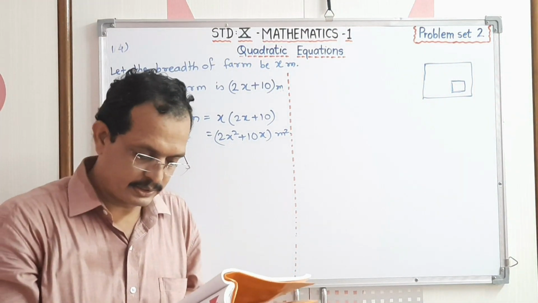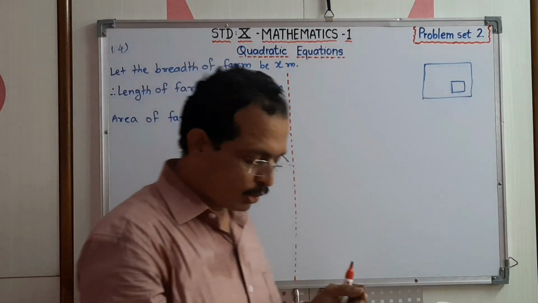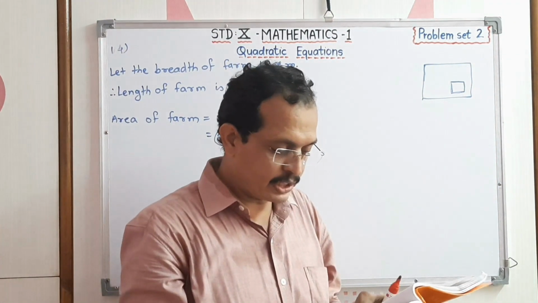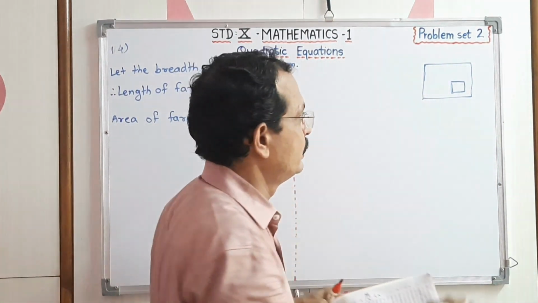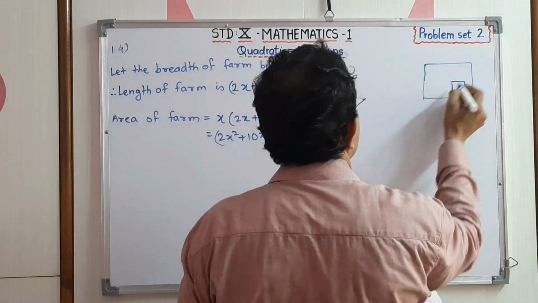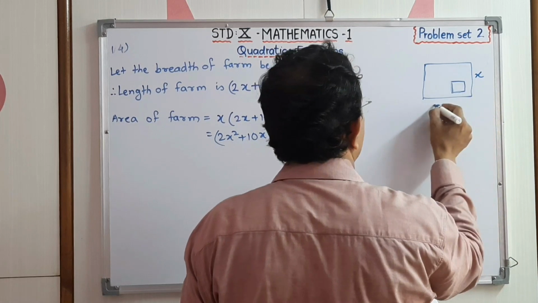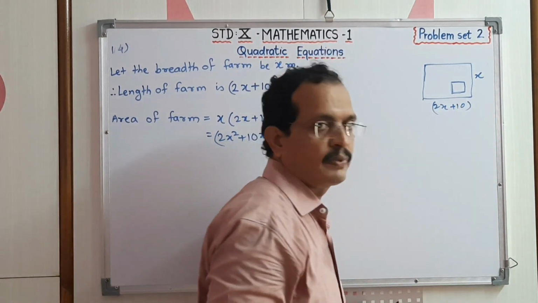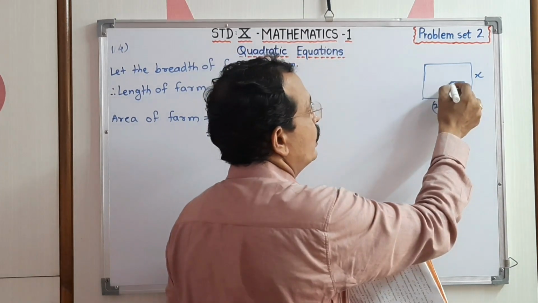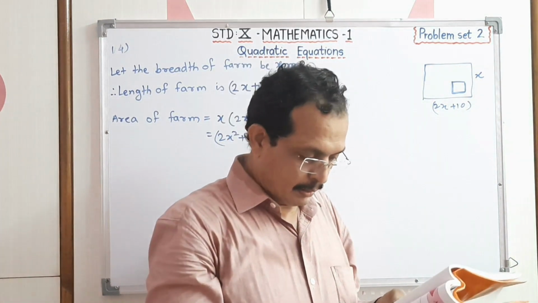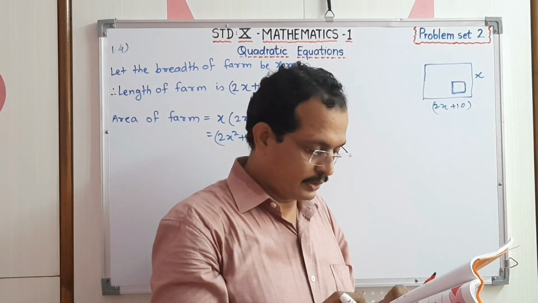Now, see the next. In order to harvest rainwater, he dug a square-shaped pond inside a farm. This is a farm. Its breadth is x, length is 2x plus 10. In that farm, one square-shaped pond is made, but a condition is given.